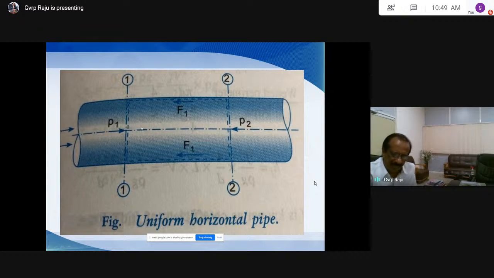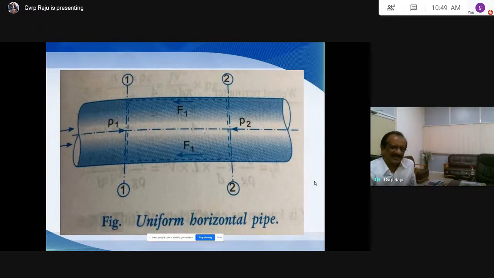So the forward movement is also opposed by the friction between the individual fluid particles when one is sliding over the other. So friction between the fluid particles and the surface are all responsible for the resistance to the forward motion.